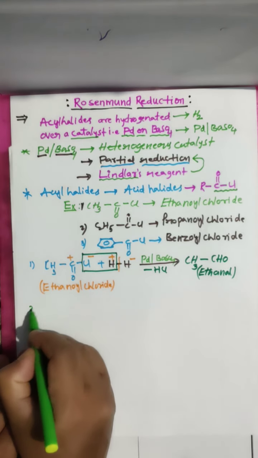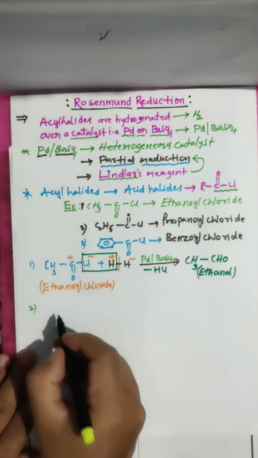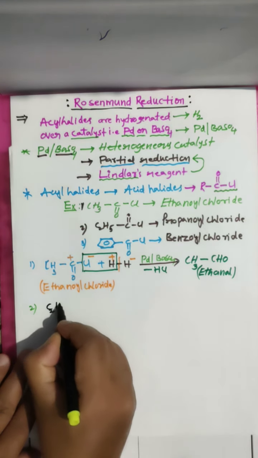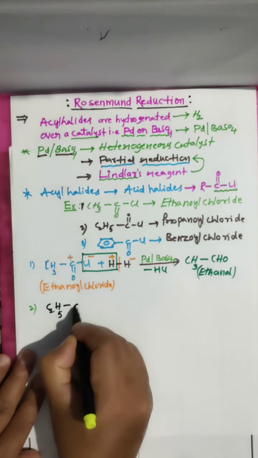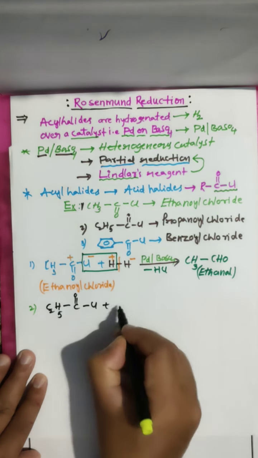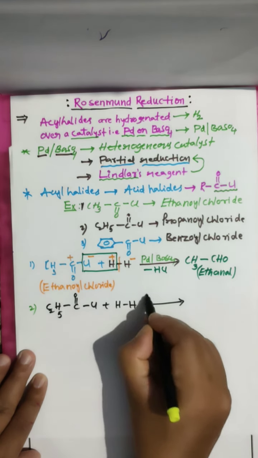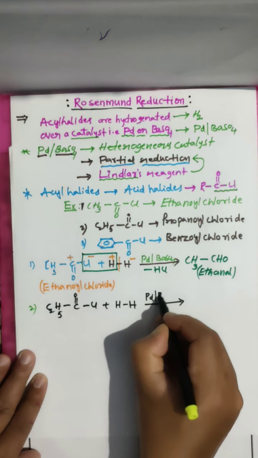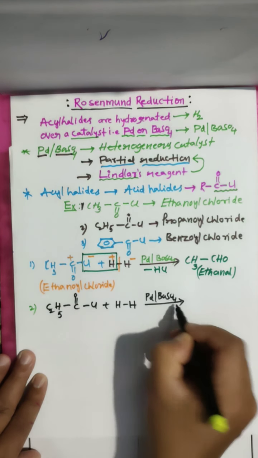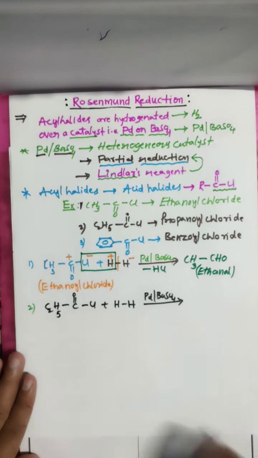Go for another example. I am giving it here to you. C2H5 C double bond O Cl plus hydrogen in the presence of palladium on barium sulfate. This is the reaction.